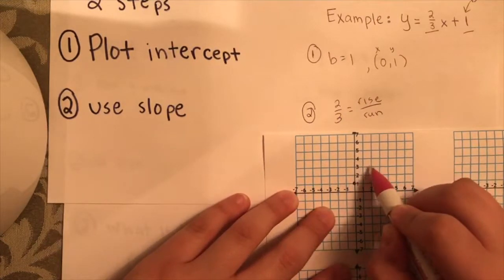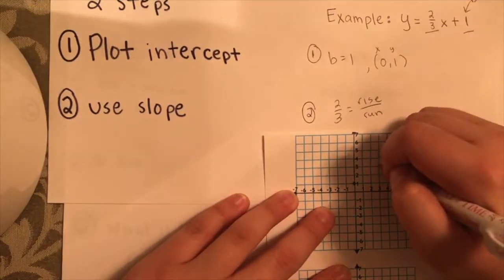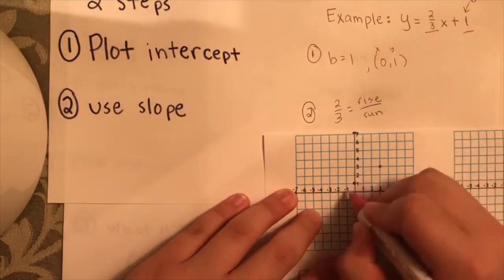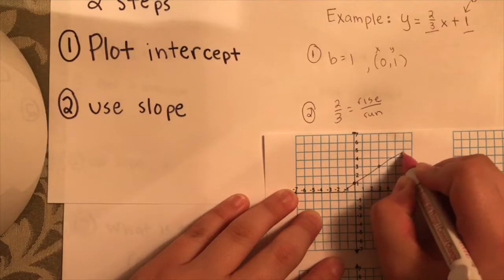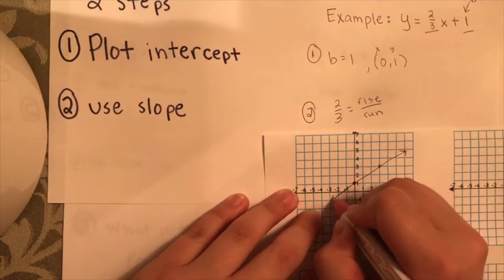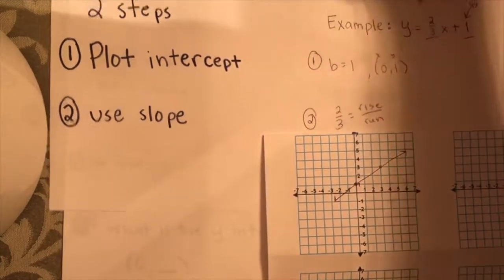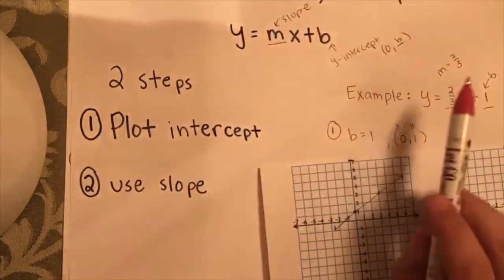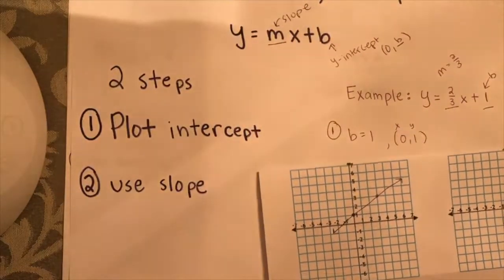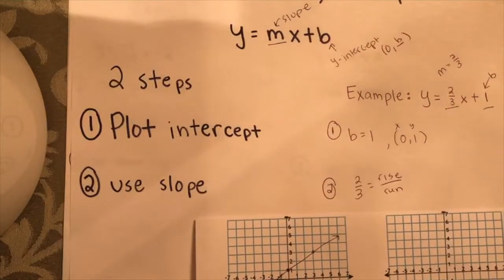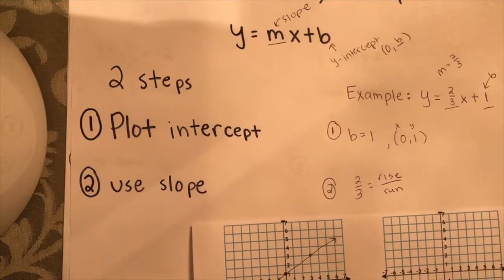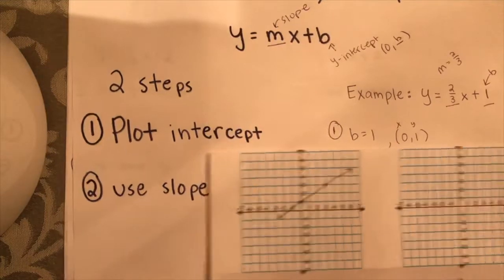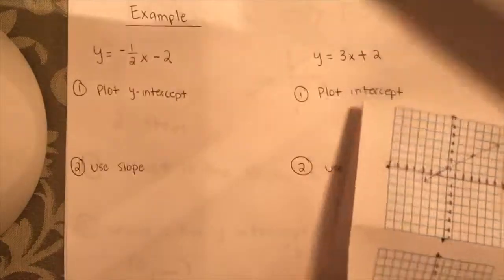And we're going to run 3. 1, 2, 3. Right? And 2 points make a graph, so we draw the line through it. Simple as that. When they give us the equation first, and they ask us to plot, all we have to do is do the intercept first, then use the slope to find another point. All right, let's do a few more examples.